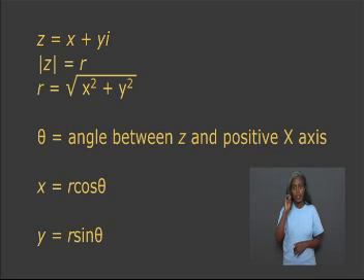Theta is the angle made by the vector corresponding to z with the positive x-axis. x equals r times the cosine of the angle. y equals r times the sine of the angle.